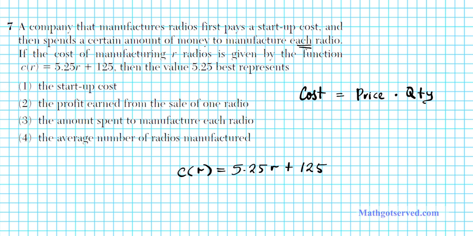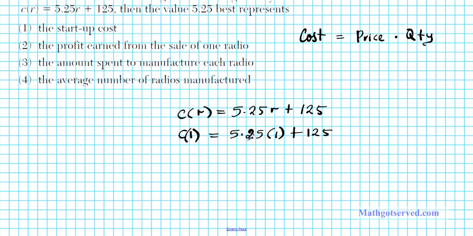All right, so which of these numbers is being multiplied by the quantity over and over again? For example, the cost of 1 unit, you're going to have 5.25 times 1 plus 125. What do you notice here? You notice that 5.25 is being multiplied by the quantity.